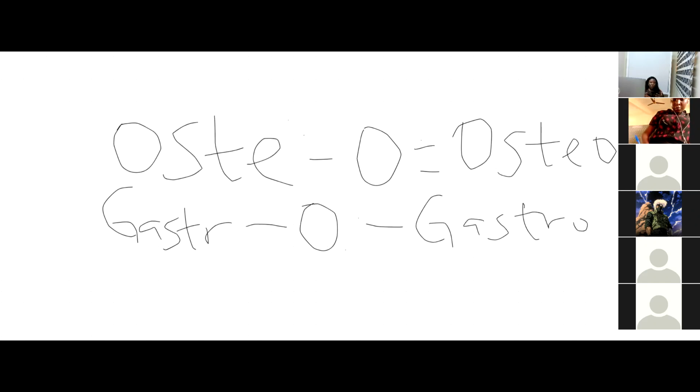We have nephro, we have hepato, we have erythro. When you hear erythro, you know they are talking about the red blood cell. When you hear hepato, you know they are talking about the liver. When you hear immuno, they are talking about the immune system. When you hear nephro, they are talking about the kidney.